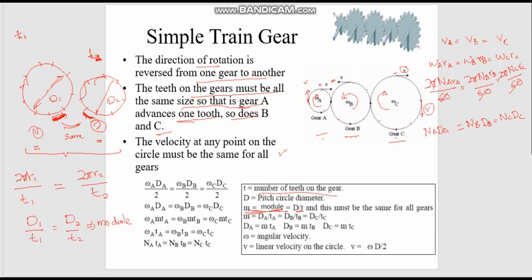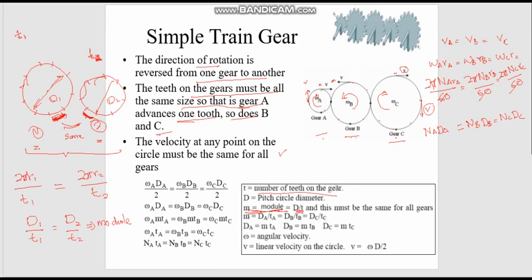So the module can be calculated basically as a ratio of diameter to the number of teeth for an individual gear, and this module must be the same for the gears that are meshed together, right?